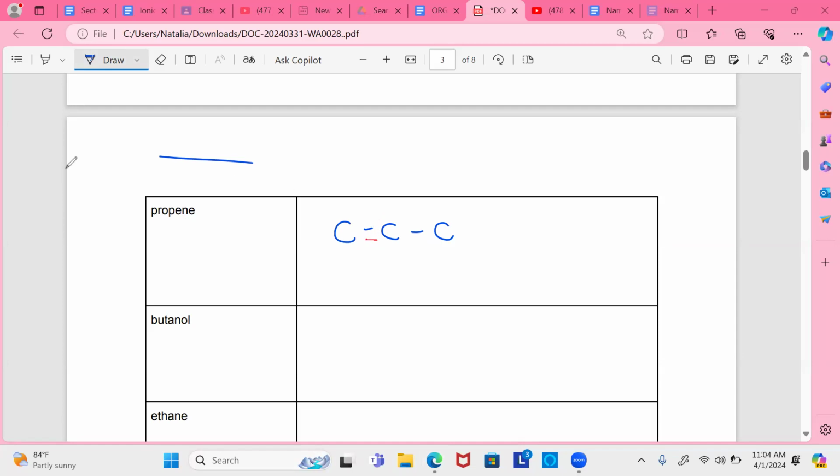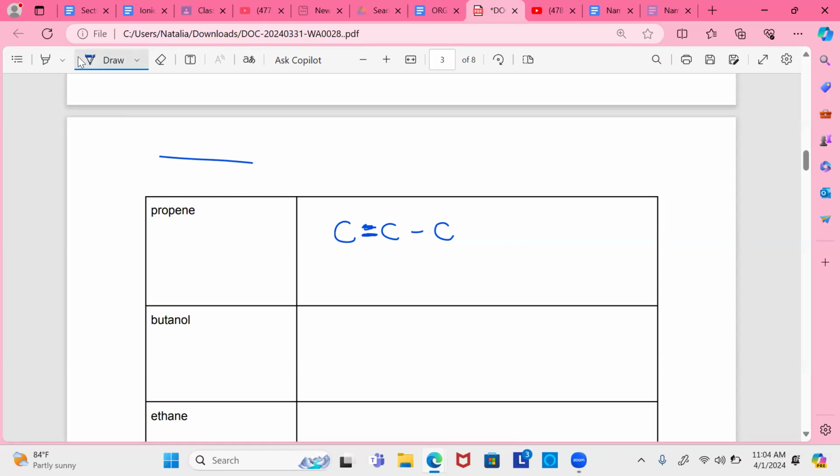We keep switching between the pens and using the wrong one. So propene means 1 carbon has a double bond. So I put in my double bond here.